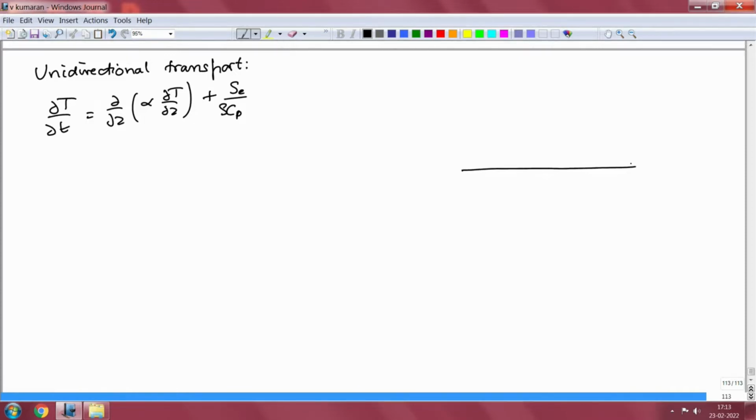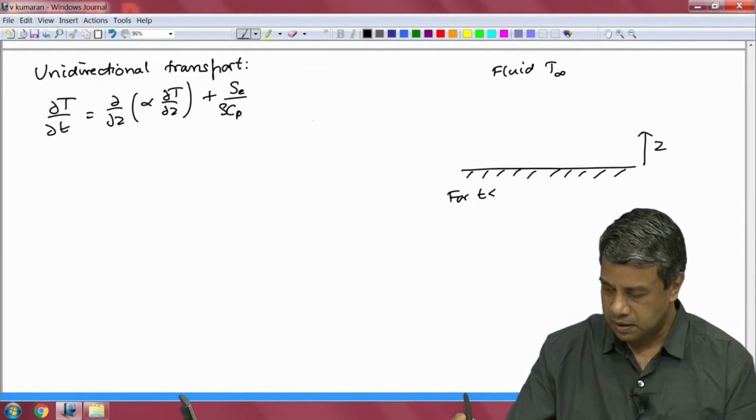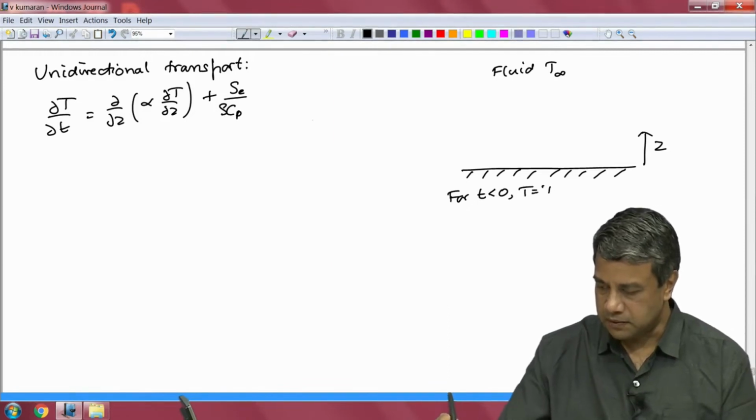You have a surface, and let us put a coordinate system here. This is the z direction, and this is a fluid. The temperature is T infinity, far from the surface. The temperature of the fluid is T infinity far from the surface, and initially for t less than 0, the temperature is uniform everywhere.